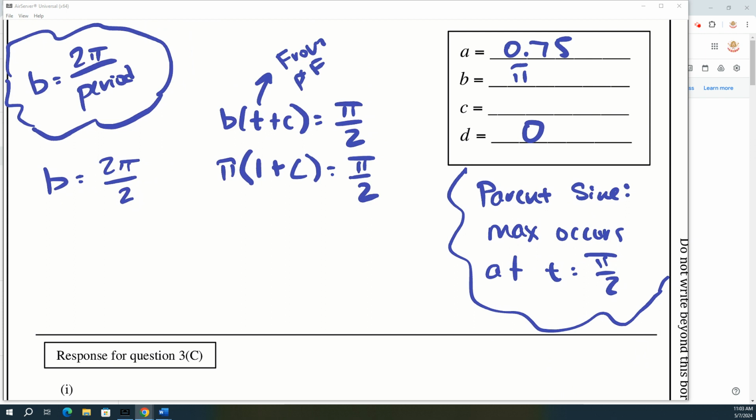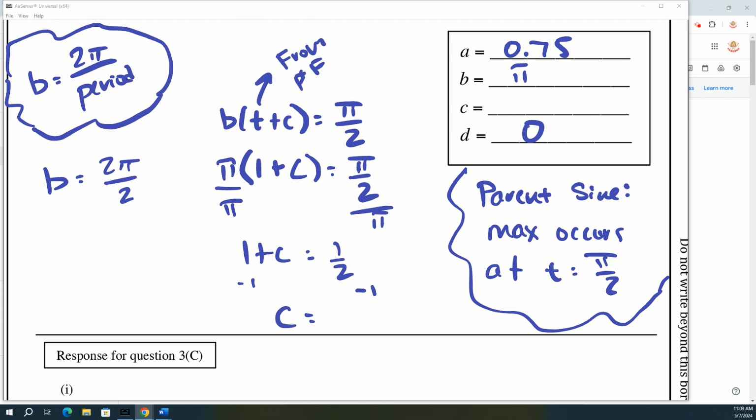All right, and then this is a 2-step process. One step is to divide by pi, or divide by whatever is in front of the parentheses. So what do you get when you divide pi over 2 by pi? 1 over 2. You can also multiply by the reciprocal if you want to. All right, and then finally, you're going to subtract.